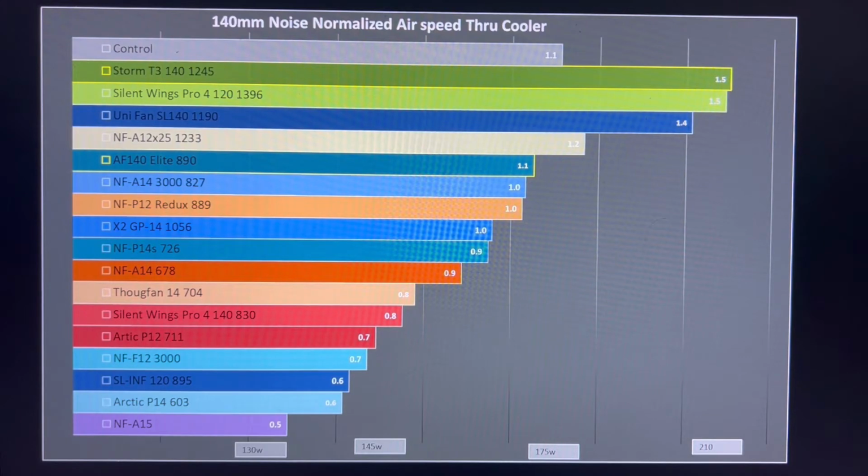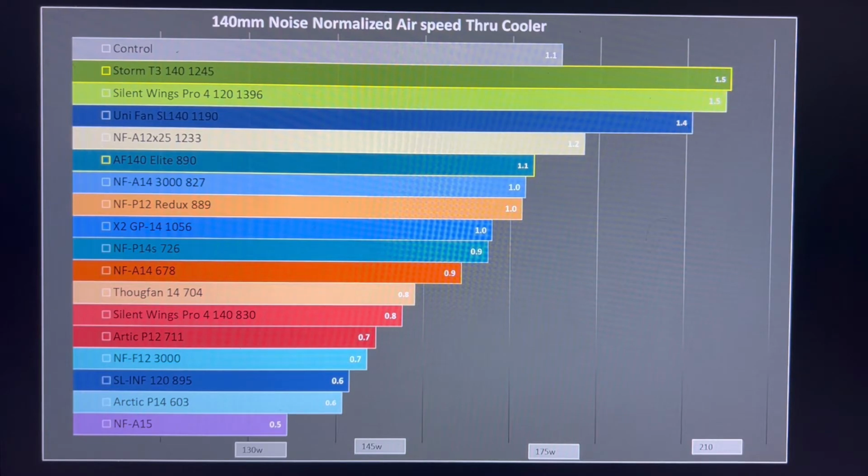And this would also be a great time for me to note the error in my testing, not calculations. My anemometer, so that's the wind speed gauge, has an accuracy of plus or minus 0.1 meters per second. So fans that are within 0.1 meters per second are functionally equivalent.